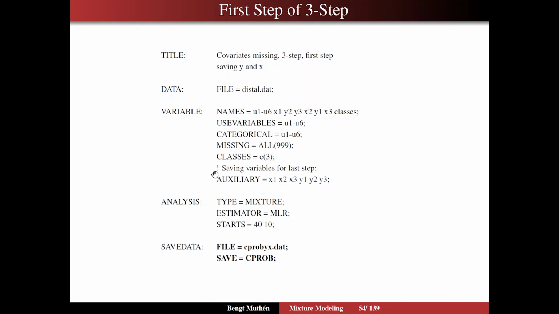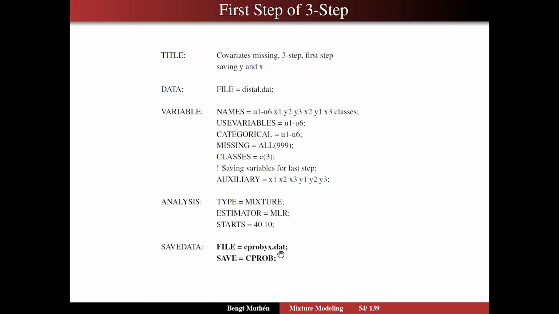And what we want to do now is to save variables for the last step. Then this is the new feature, that we have x1, x2, x3 here in addition to the distal outcomes. Otherwise, this is the same as it was for distal. Apart from the fact that now we save a data set called cprob_yx to differentiate it from cprob_y that we had before.